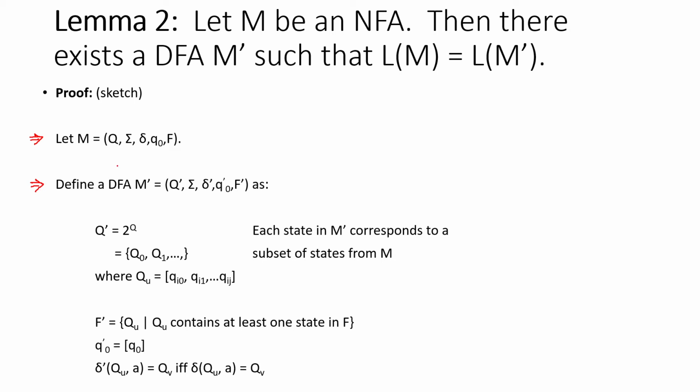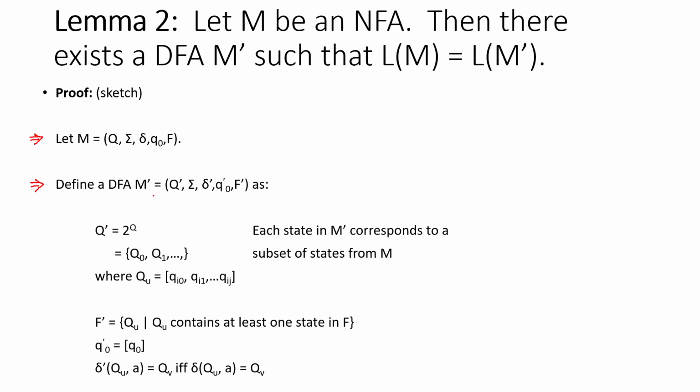Initially we considered that this machine and this machine are different. That's why we have taken M dash, where the symbols are just different. But remember, the sigma remains the same, because ultimately we want to work on the same symbols, and we have to verify whether the language accepted by the machine M and M dash is the same or not.